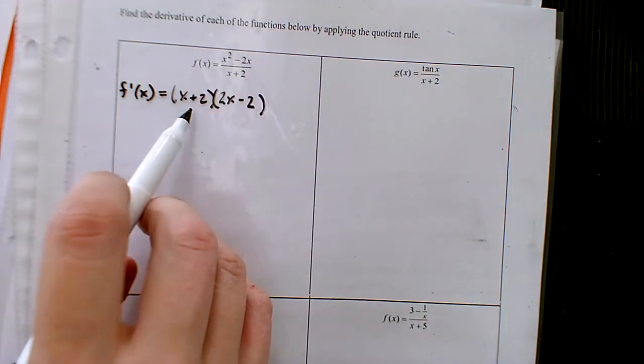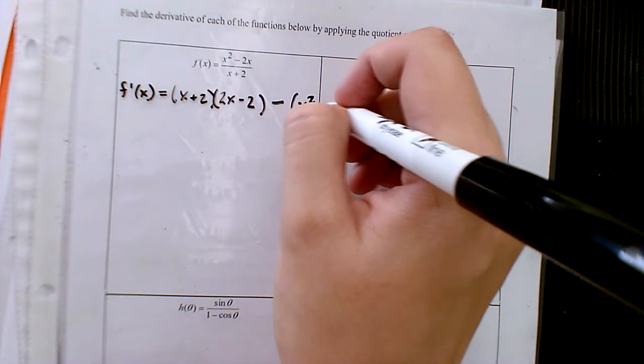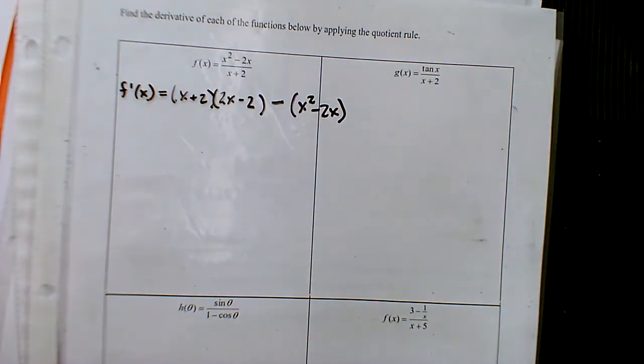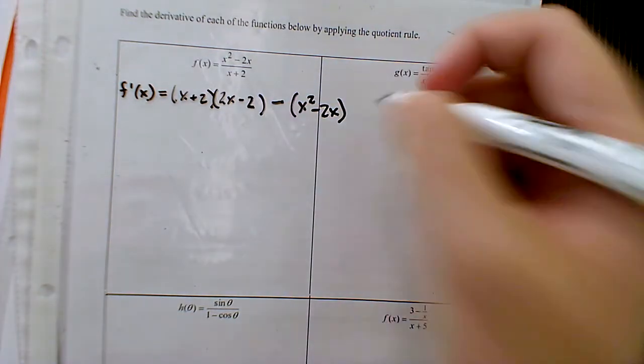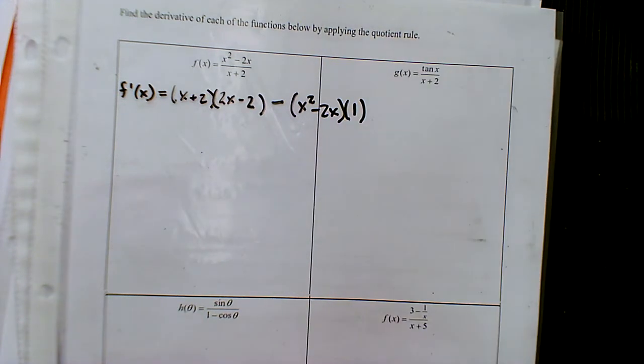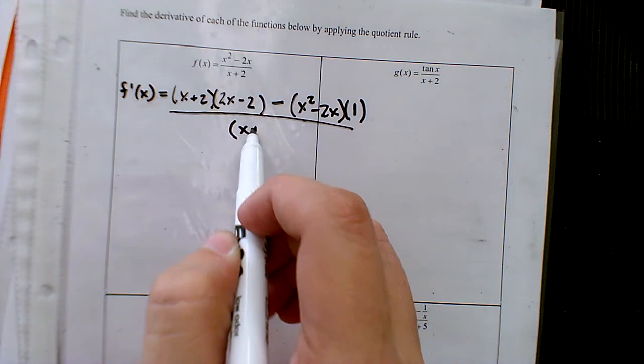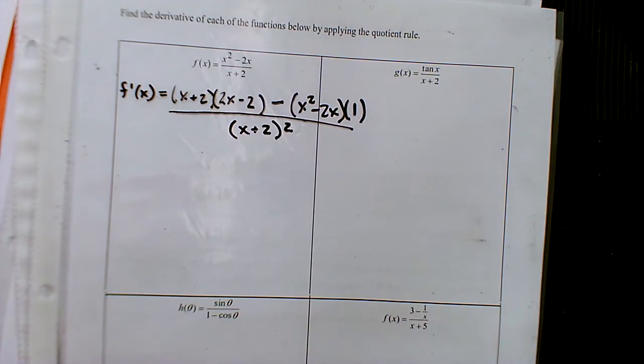All right, so low D high minus high, and then we need D low. The derivative of the bottom would be 1. Square the bottom, and away we go.